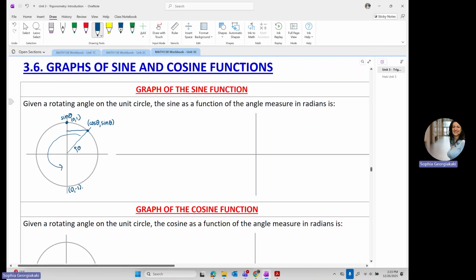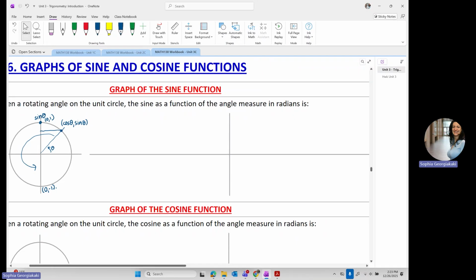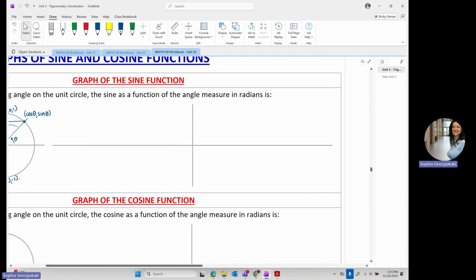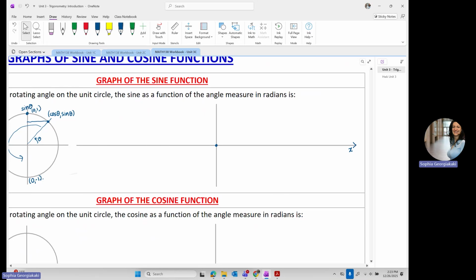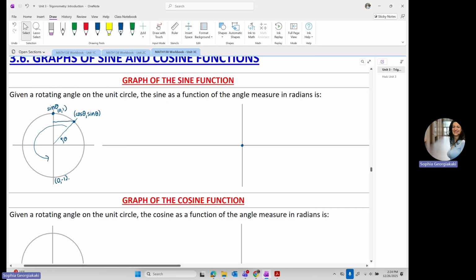So let's see how that looks. When we are graphing the sine function, the horizontal axis is the rotation. So this axis, that is the x-axis, is the rotation. The rotation will start at 0. And remember, 0 on this circle as a rotation is this location.